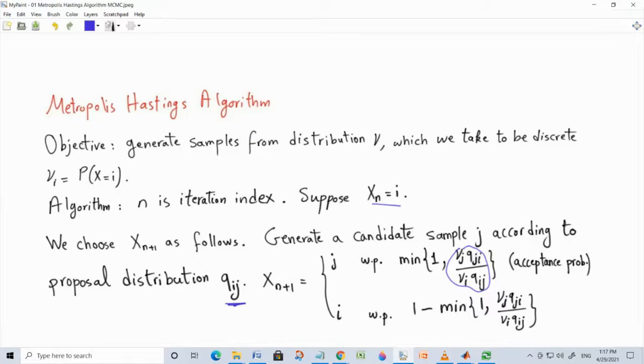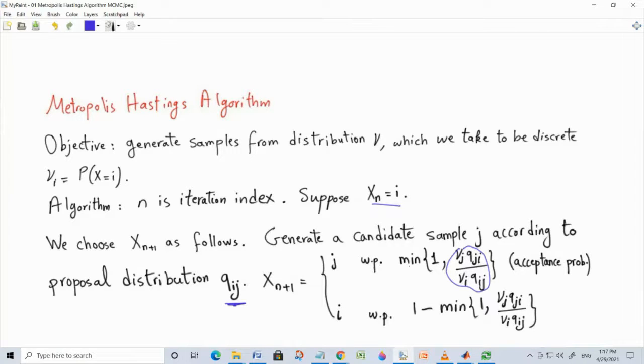So we have mu_j Q_ji over mu_i Q_ij. There is no restriction that this ratio be less than 1, so we take the minimum of 1 and this quantity. If it's less than 1, that's the acceptance probability. If it's greater than 1, the acceptance probability is 1. With 1 minus the acceptance probability, X_{n+1} is the same state, which is i.